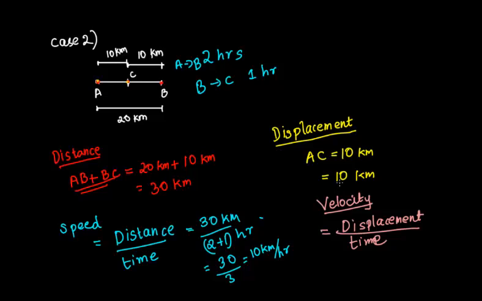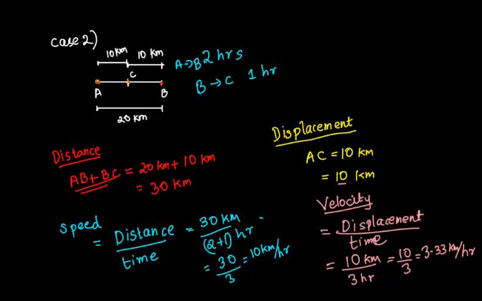Displacement, we found it out to be 10 kilometers. And what is the time? Total time is 2 hours plus 1 hour traveling back to C, right? So that is 3 hours. Hence the velocity will be 10 by 3 equals 3.33 kilometers per hour.